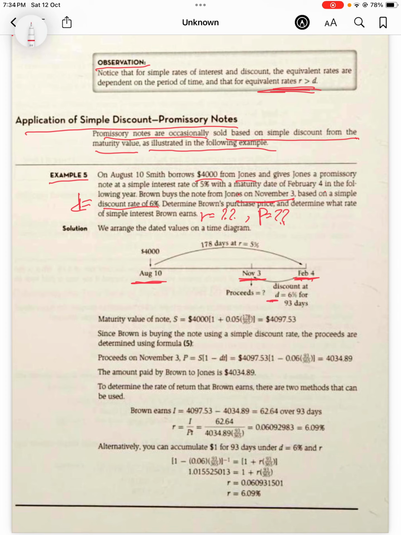Here, you know that we have August, September, October, November, which is here, December, January, and February.